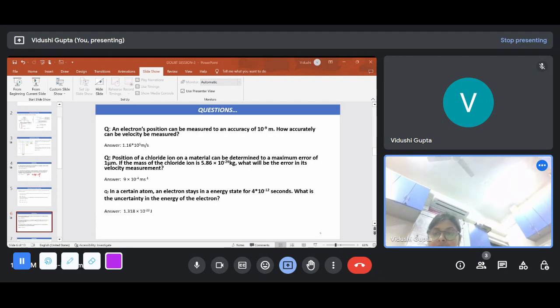Now we will solve another example. Here x and h, where x is the position operator and h is the Hamiltonian operator, and for the Hamiltonian operator it is equal to the kinetic energy plus potential energy.